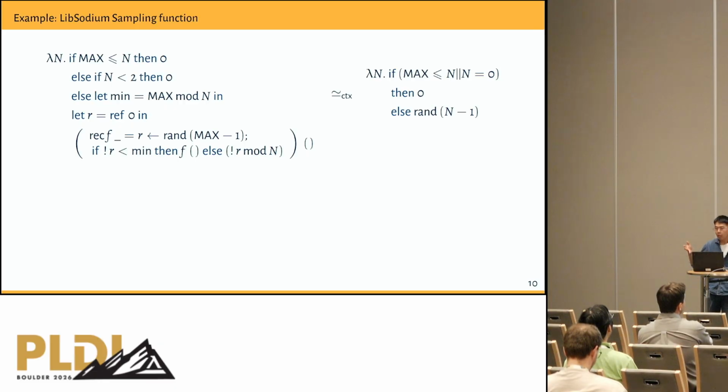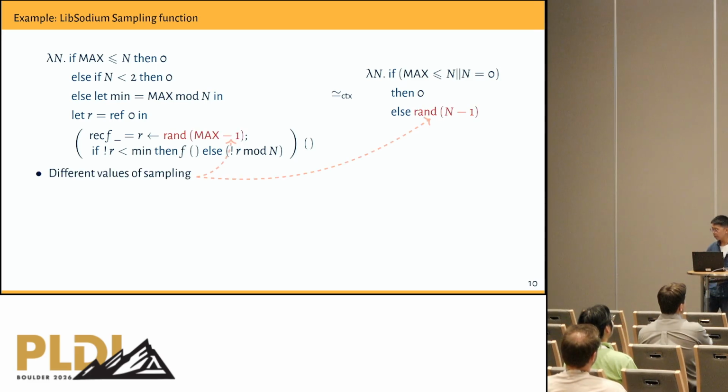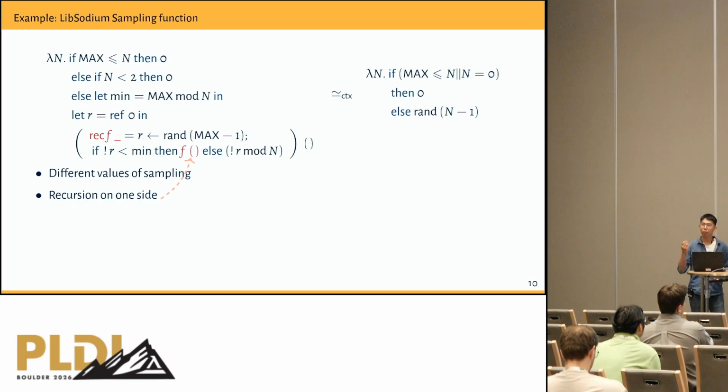Now, this equivalence is harder to prove for various reasons. One of them, as you can see, is that the sampling on both sides are sampling from different domains. Another thing that's quite tricky is that on the left, you actually have recursion, but you don't have recursion on the right.